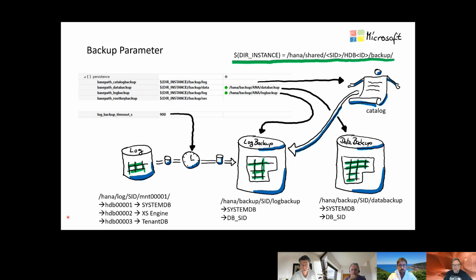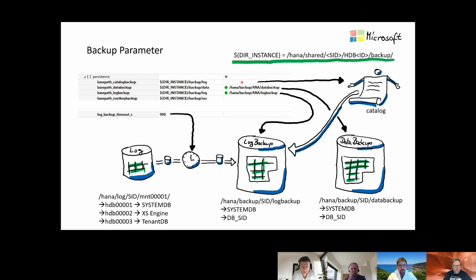As mentioned, the HANA database catalog is another point. Without that catalog, you cannot do a roll forward of the database. So also configure the HANA catalog backup into the same volume where your log backups are, because that should be done here. So that should not be empty. That should be configured.